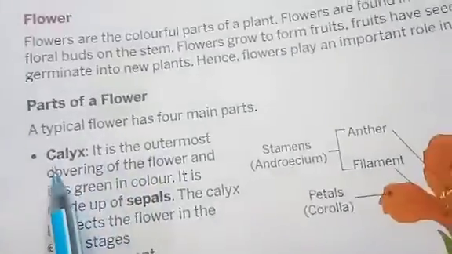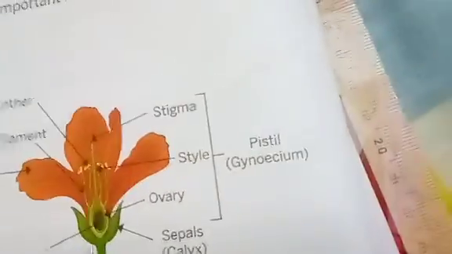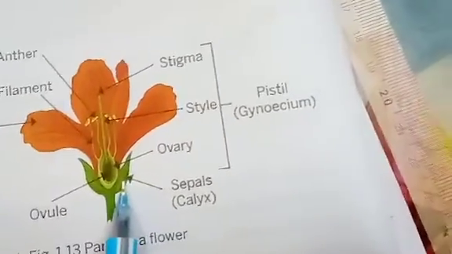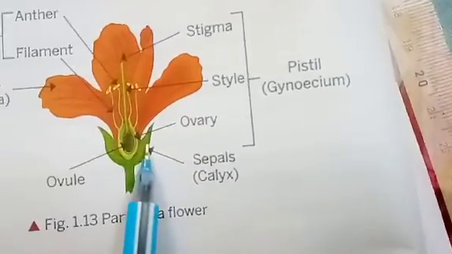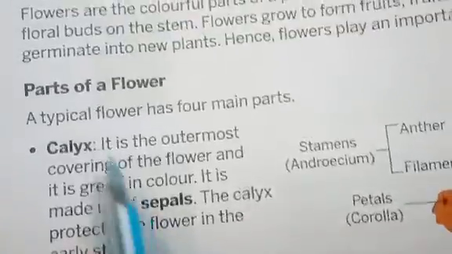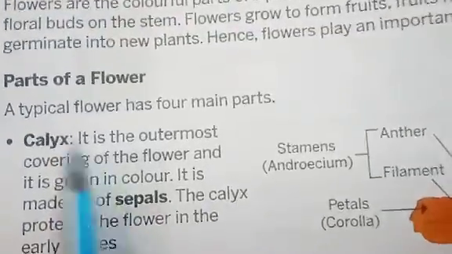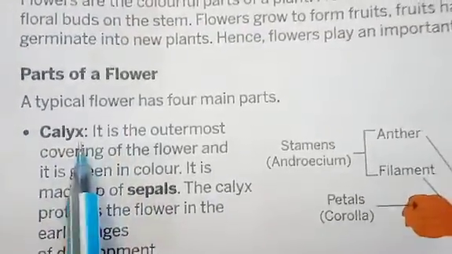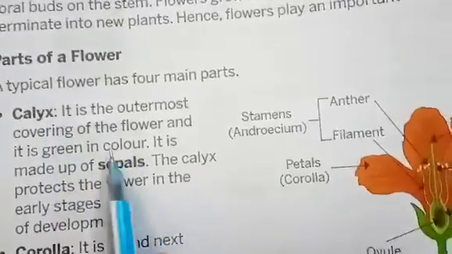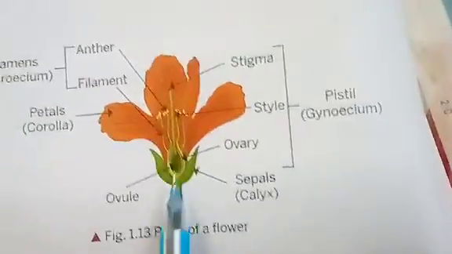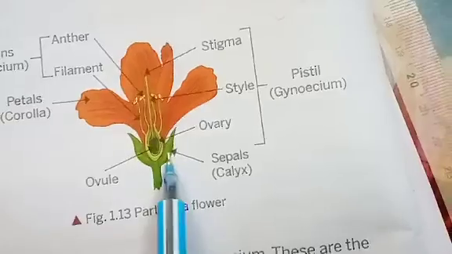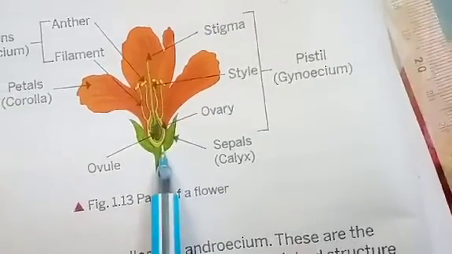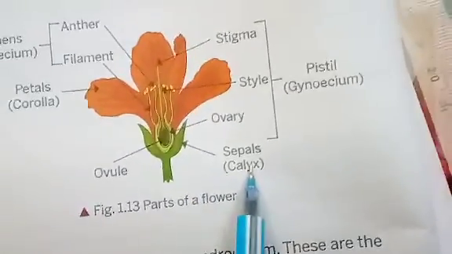What is that? Calyx. This is the outermost part of a flower, which is made of sepals. Calyx, what is calyx then, children? Calyx, it is the combined term, common term for all the sepals. You can see here one sepal this side, one sepal this side. Collectively we can call it as calyx.